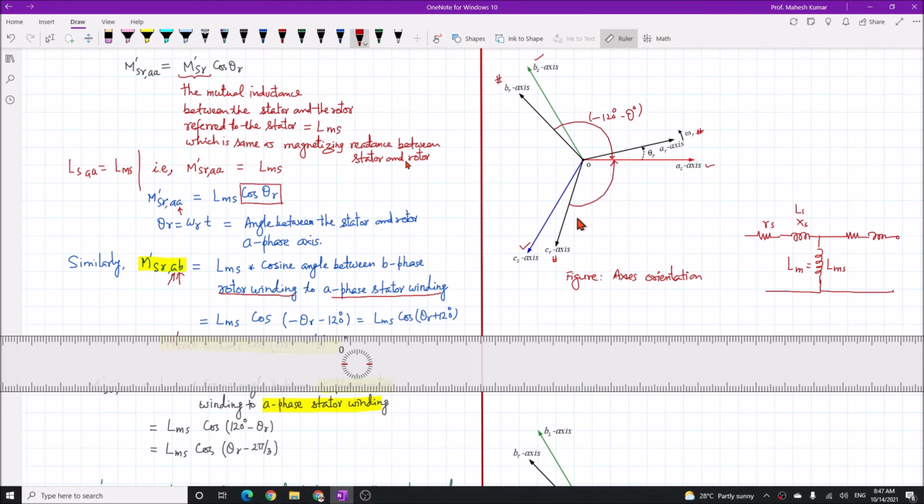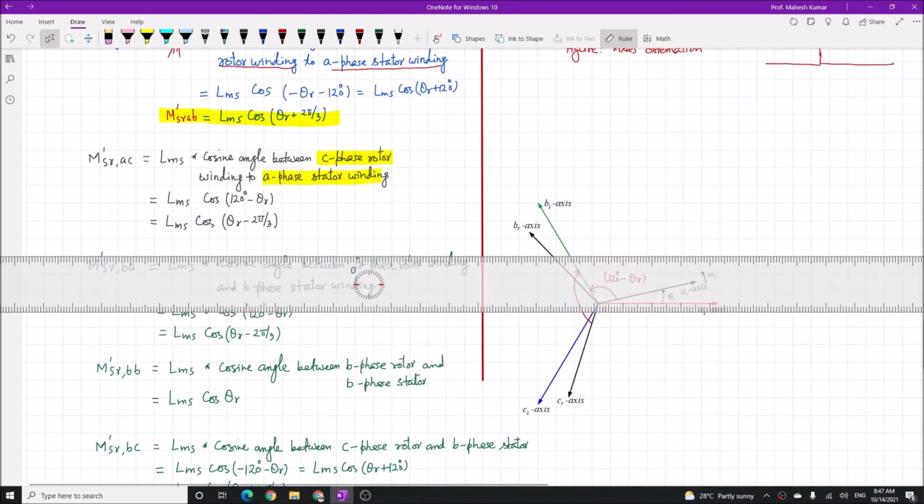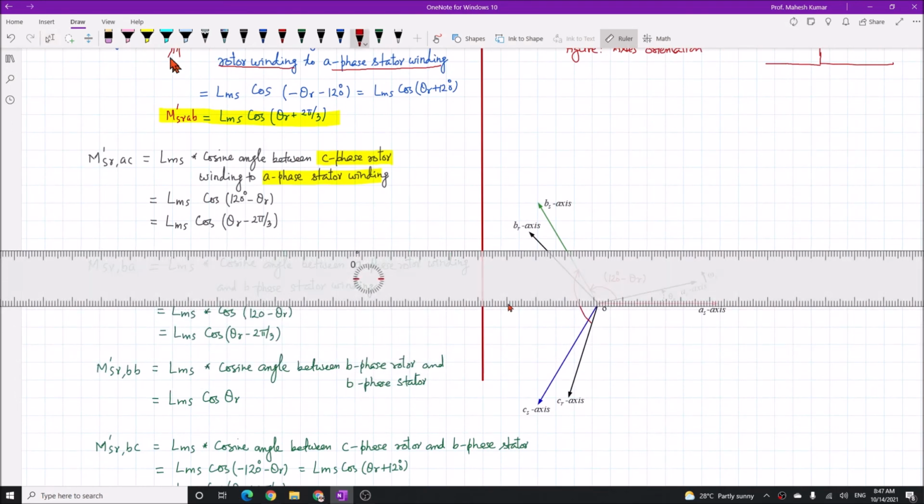C phase rotor to A phase stator. So how much is this? Clockwise 120, then anti-clockwise theta, so minus theta r. So this becomes 120 minus theta r. You can see from here, AC is 120 minus theta r. And that becomes theta r minus 120, or minus 2 pi by 3. So this is the value of MSR AC.